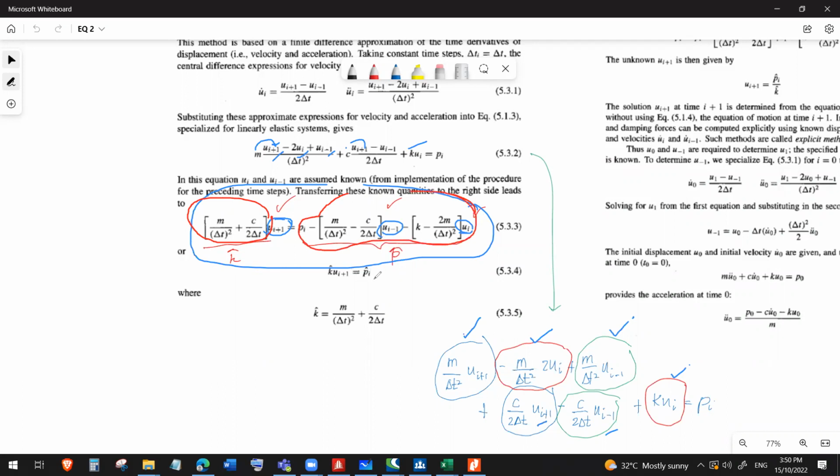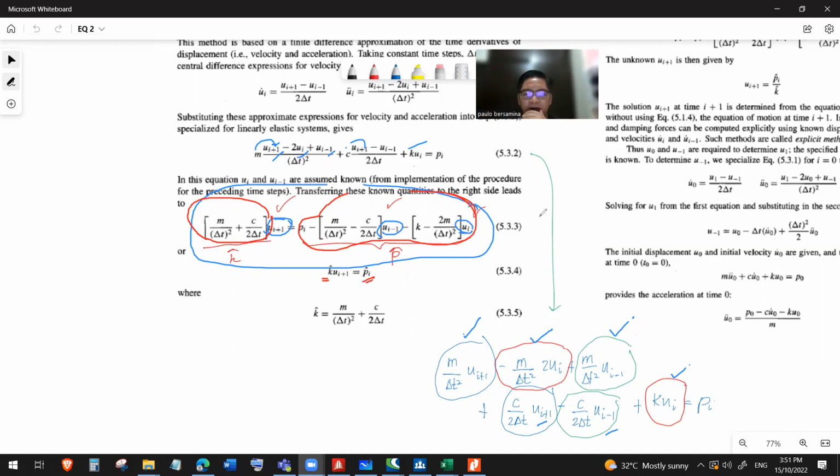So such that we can simplify this long equation as k hat u i plus 1 equal to p i hat, which brings back to a general formula natin ng stiffness method, or p equals k u, which you encounter sa matrix analysis of structures.